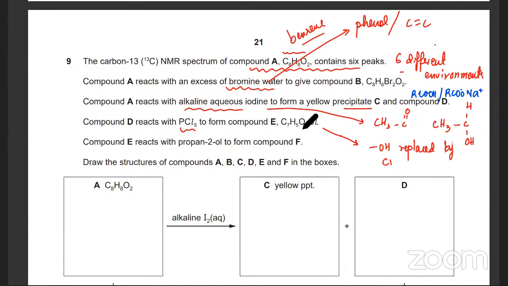D then reacts with PCl5, so the OH gets replaced by Cl.